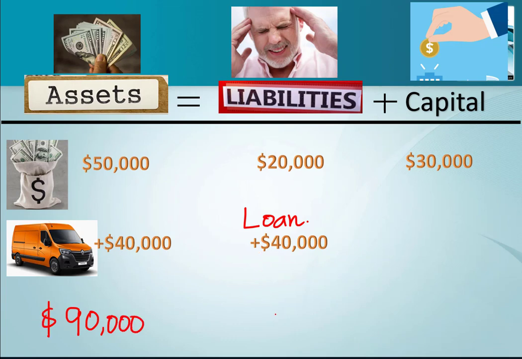Your liabilities is 60,000, and your capital is 30,000. If I reduce the accounting equation, I can say that assets is equal to liability plus equity or capital. So 90 is equal to 60 plus 30,000.